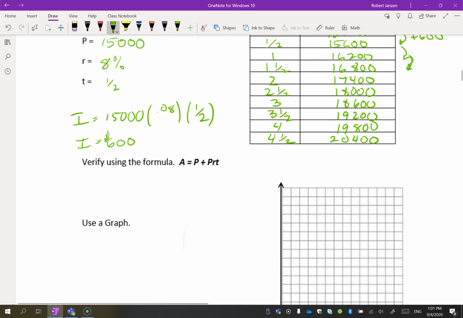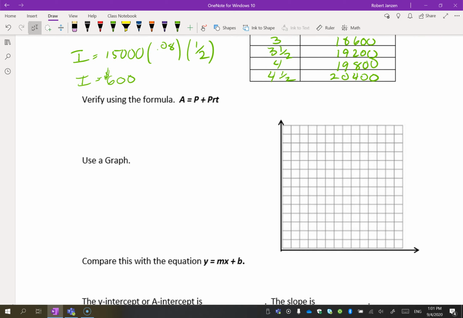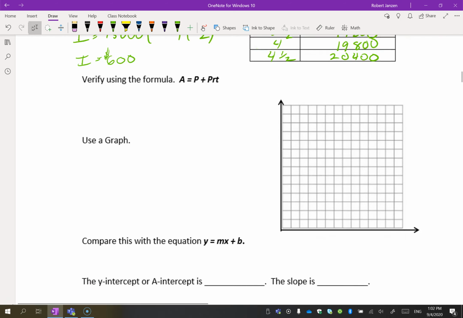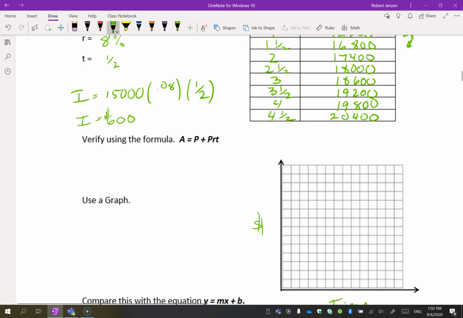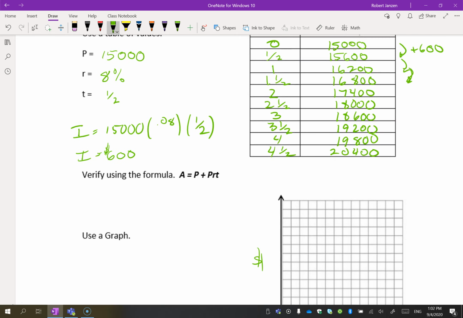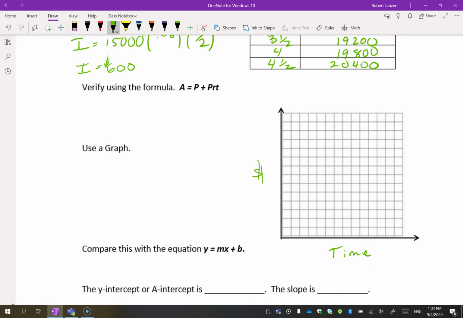Okay. Let's use a graph here. This might be interesting to you. If we put time on the bottom and we put what the value of the investment is, what do you think this graph is going to look like? If we go up every half year, what's going to happen to these dots?